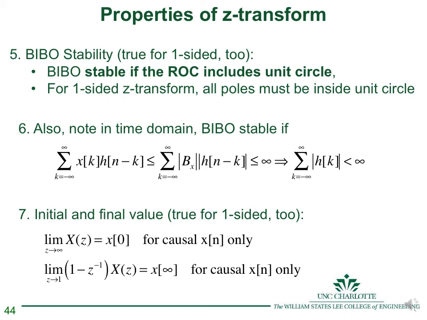Another property of the Z transform is that the system is BIBO stable if the region of convergence includes the unit circle. This is a very important property to be observed in the Z plane. It's similar to the Laplace plane. If the region of convergence included the j omega axis, then the system was stable for the one-sided Laplace.